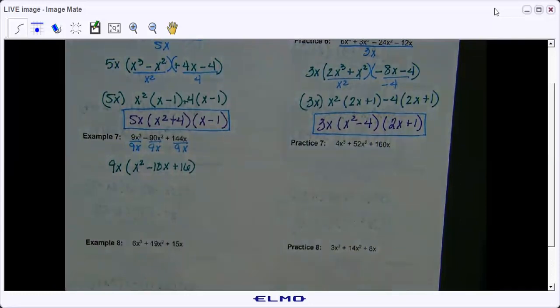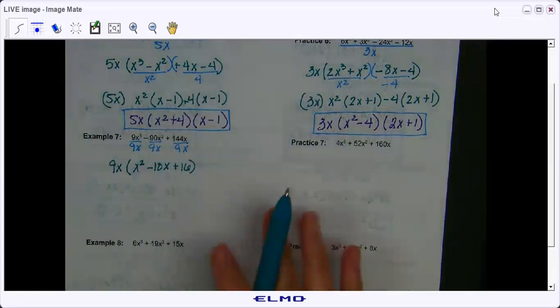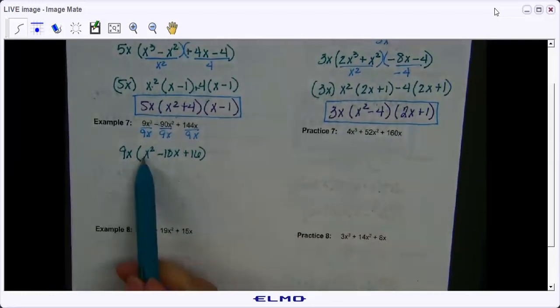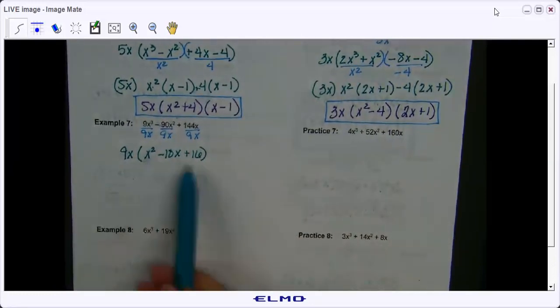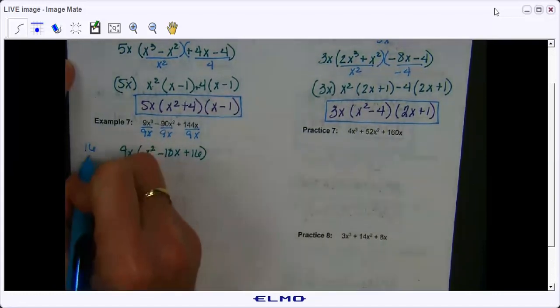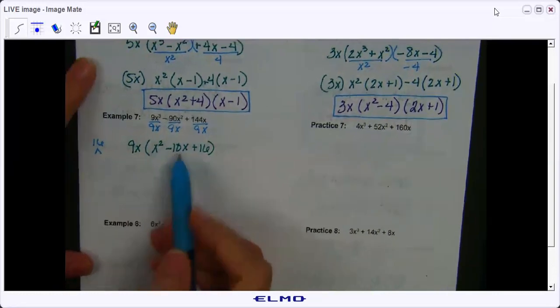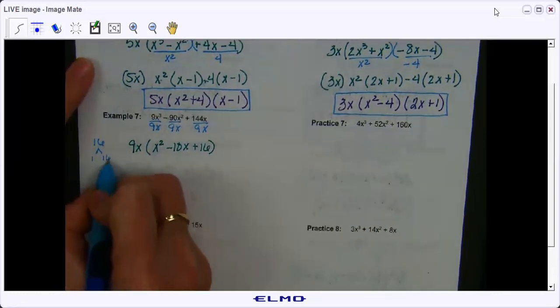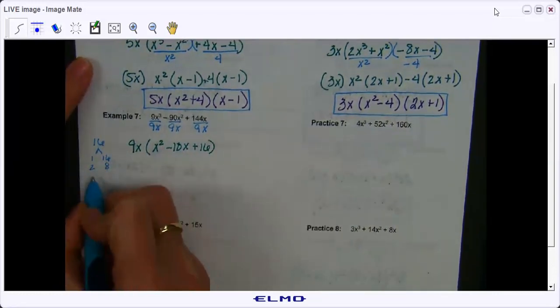But we're going to go ahead and factor this like we have in the past. Since we have a coefficient of 1 for our first term, it makes it easy. We're just going to find factors of 16 that will give us a negative 10. So we have 1 and 16, 2 and 8, and then 4 and 4.